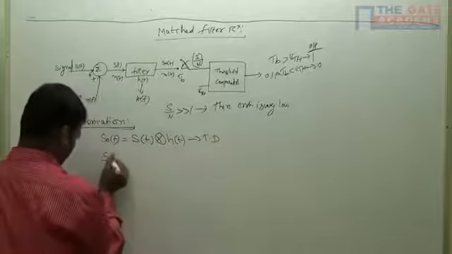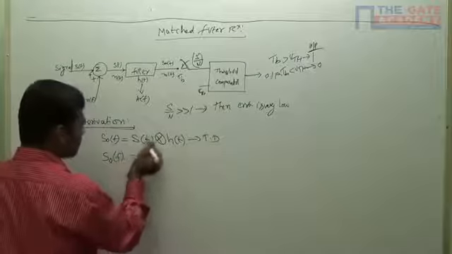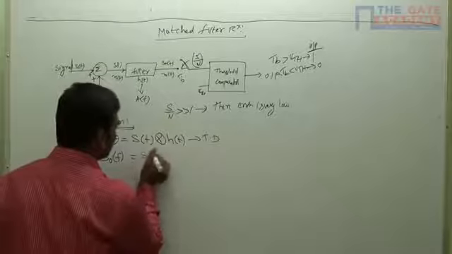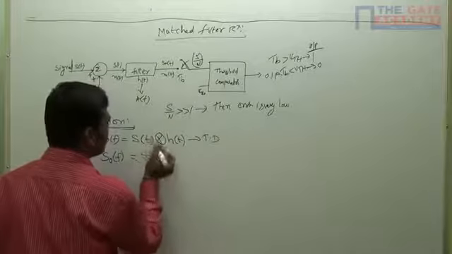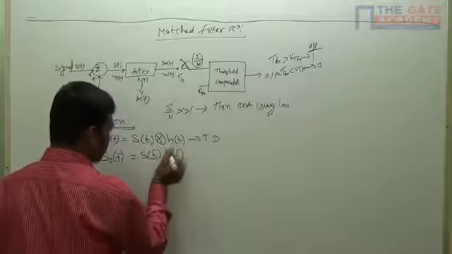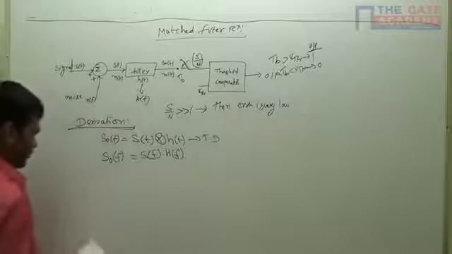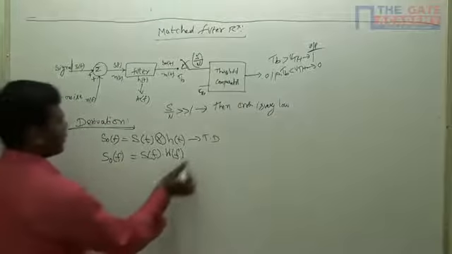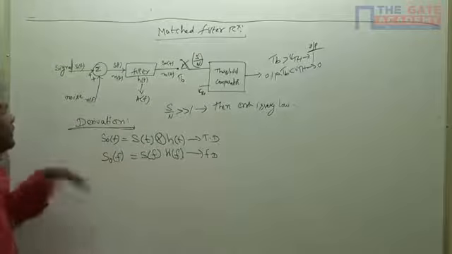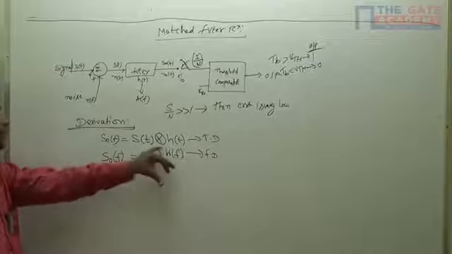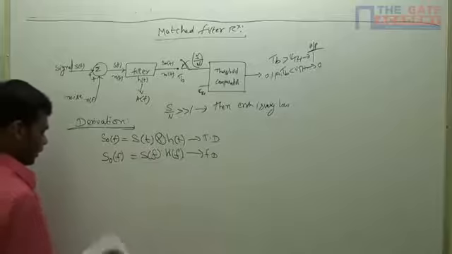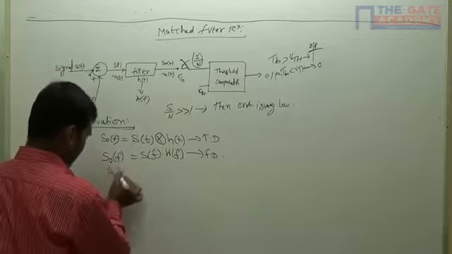If you take S naught of f, convolution in the time domain becomes multiplication in the frequency domain: S of f into H of f. Both become capital letters, now in the frequency domain.